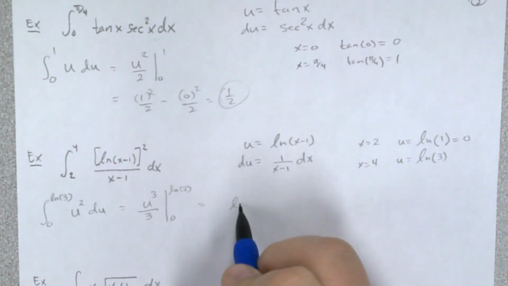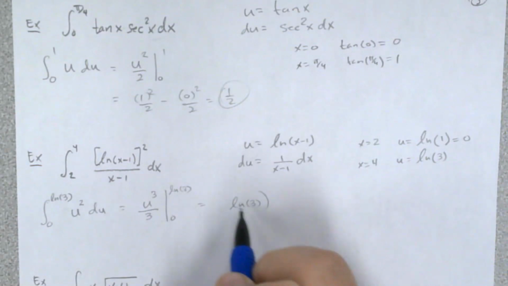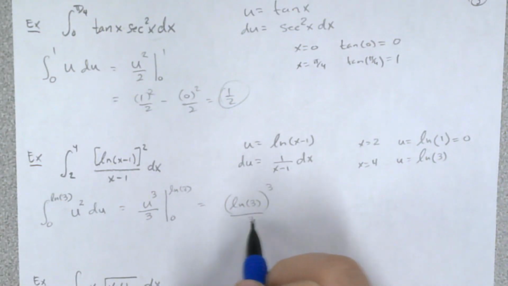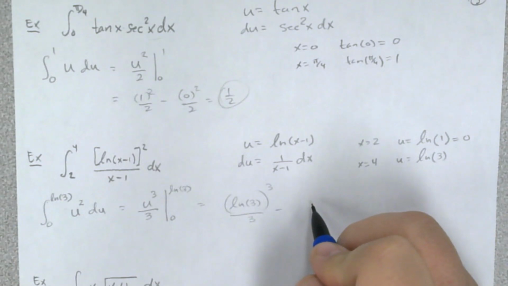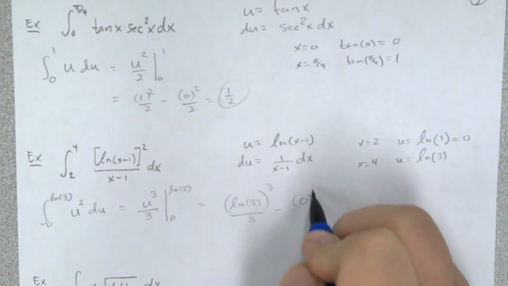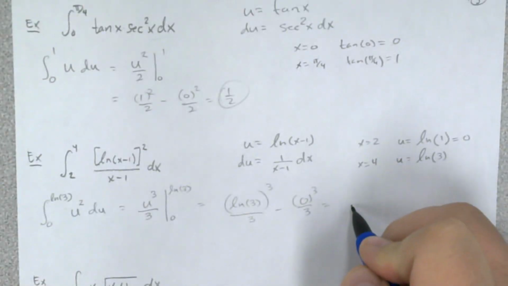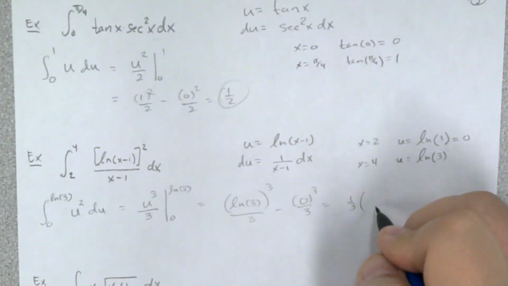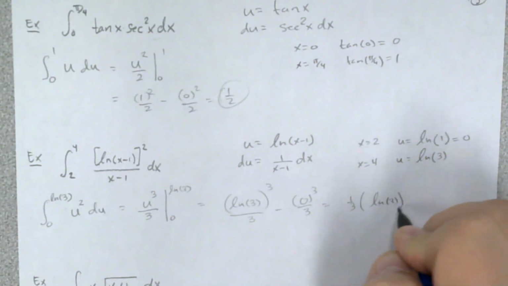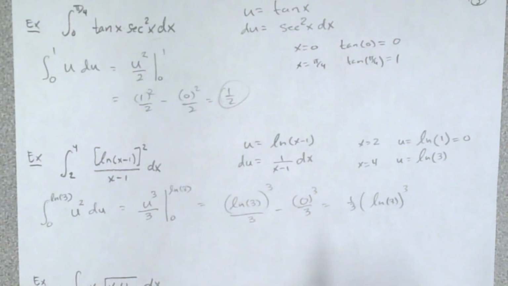So I have the natural log of 3 cubed over 3 minus 0 cubed over 3. So it's just going to be 1/3 the natural log of 3 cubed. Okay?